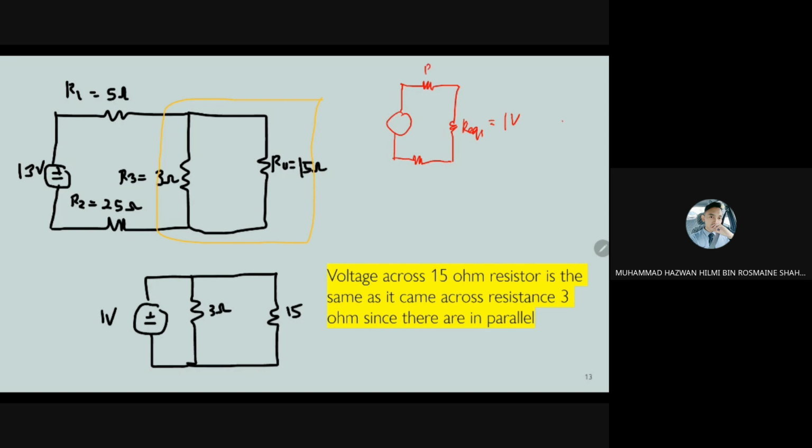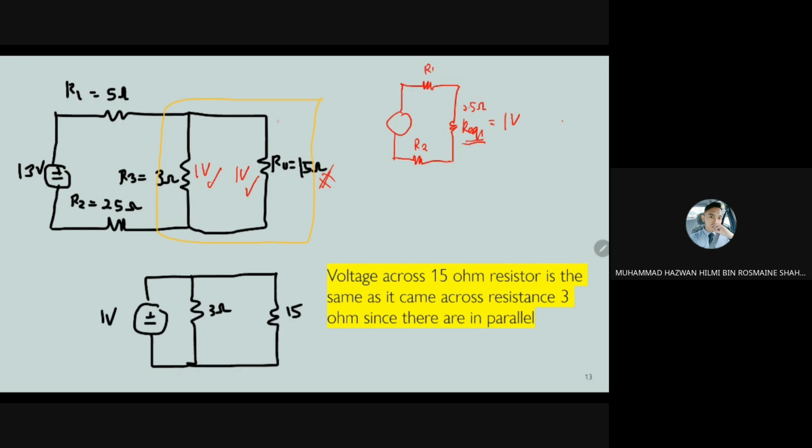This one is R1, this one is R2. R equivalent 1 is 2.5 ohm, so you get 1 volt. Even though this one is R equivalent, if you expand them back to the original circuit, this is in parallel. So this one 1 volt, this one also 1 volt. So the answer is the voltage across the 15 ohm resistor is 1 volt.